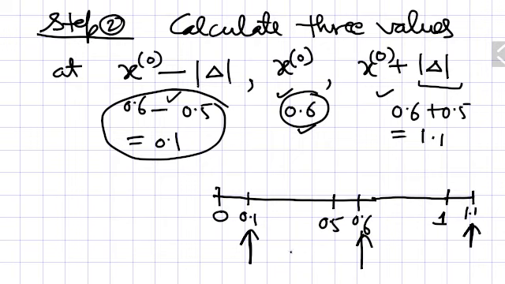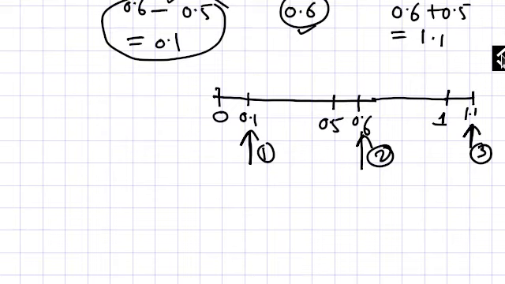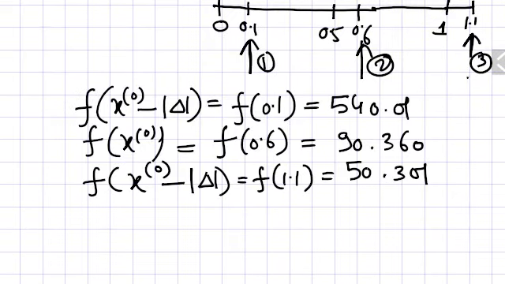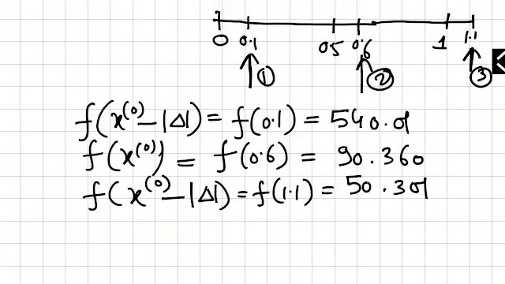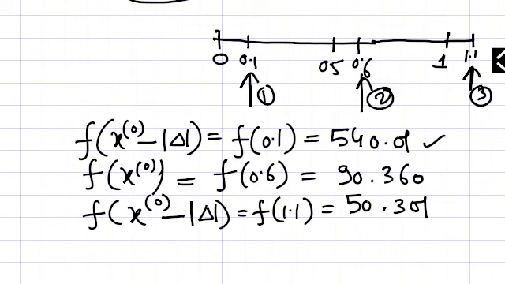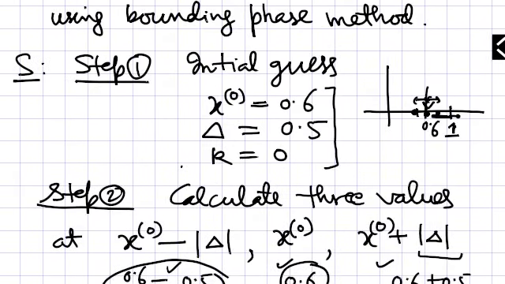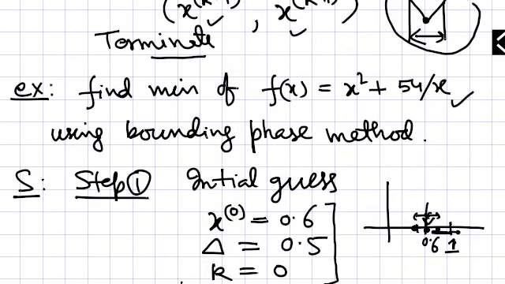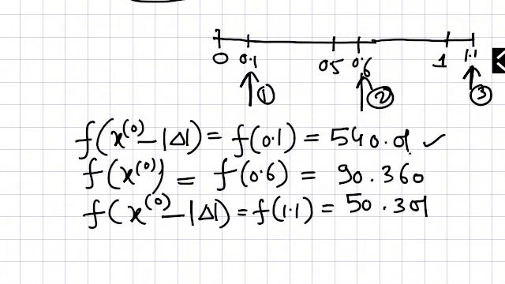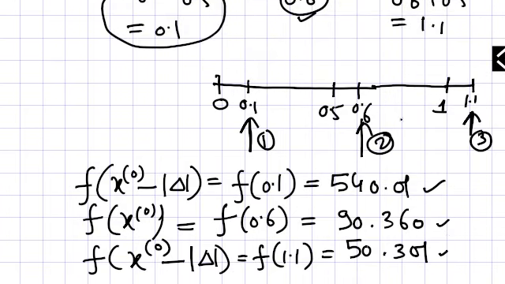So at these three points you have to get the value of the function. So let's see how you will get it. After calculation you will get these values. You can put 0.1 in this function, then you will get this value, and the same way for 0.6 and here also. So we are calculating the value of the function at these three points.